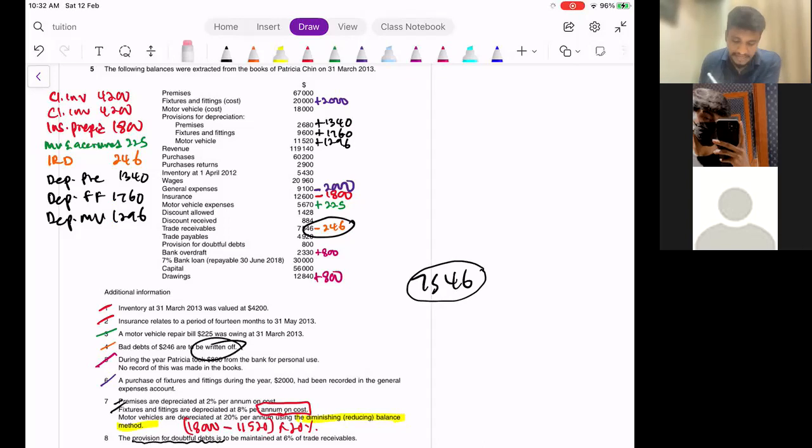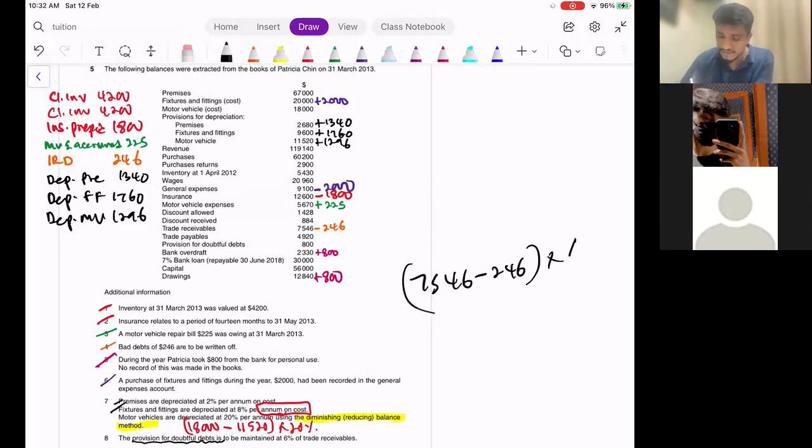Written off means confirm the guy cannot pay. If we already confirm the guy won't pay, do you need to do estimate on that? No need. So we will minus that one. So 7546 minus 246, then only we do the estimation, with the balance amount only. Oh, okay, sir. Then your answer will be 438.